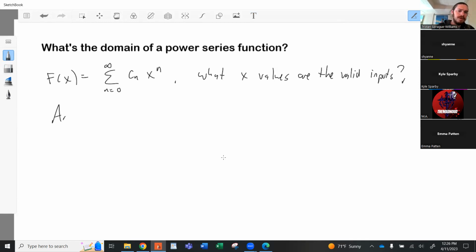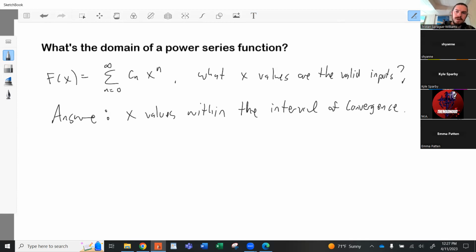The answer is x values within that interval of convergence. So finding the interval of convergence is like finding the domain of the function. That's just a way to frame this question and think about it.